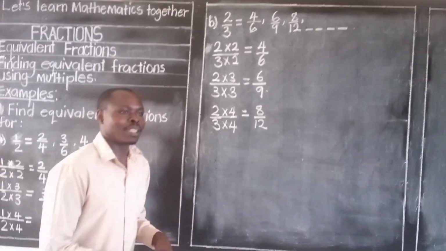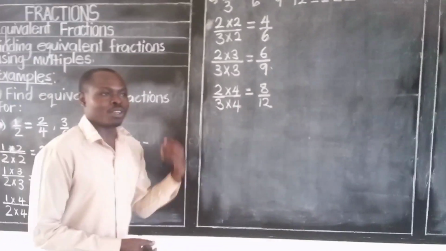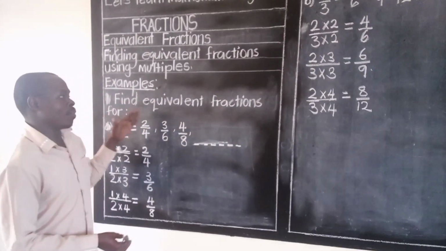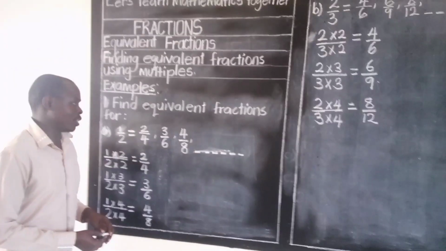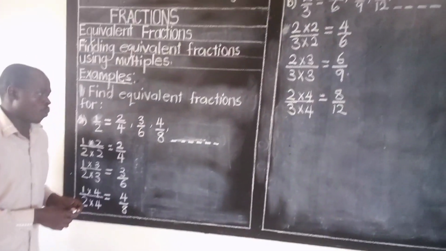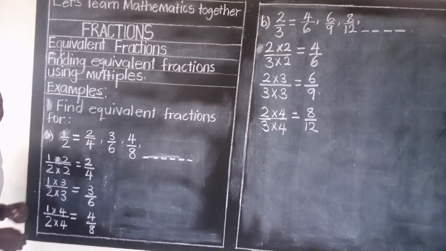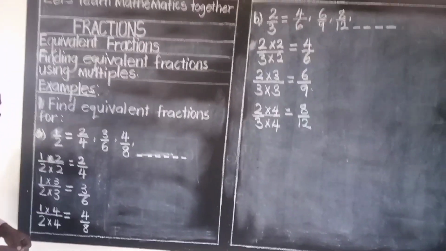Dear learners, before we do the activity, let's go through this once again in case you missed it. We are finding equivalent fractions using the knowledge of multiples. Our first example was 1 out of 2. We multiply the numerator and the denominator by the same factor one at a time.